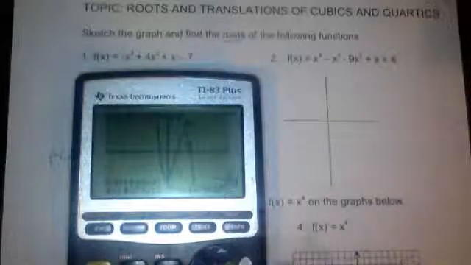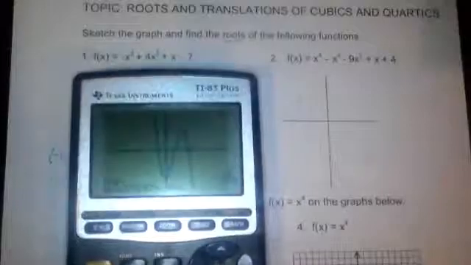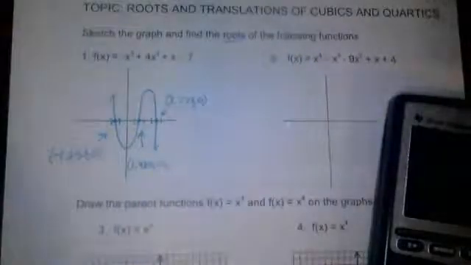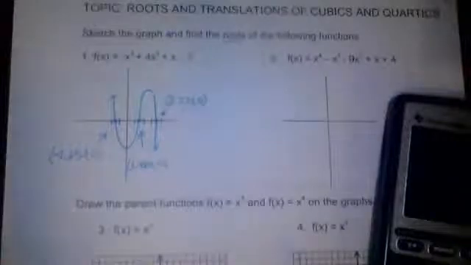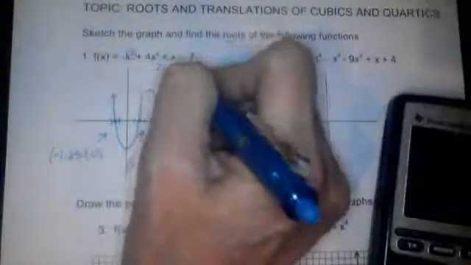Left and right. And that one's at 3.773. All right, so something that I'd like you to notice here is that this was an x to the third function, and it had 3 roots.